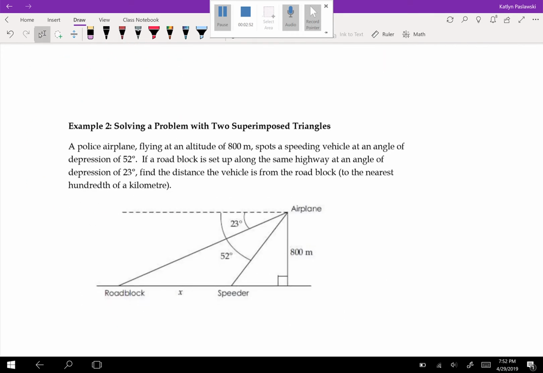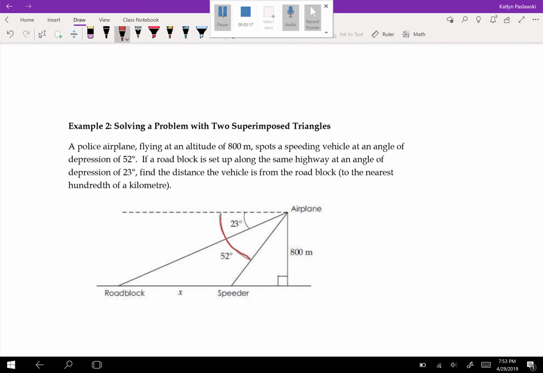Turn the page to example 2, solving a problem with 2 superimposed triangles. So here we have a police airplane flying at an altitude of 800 meters. This is our height. Spots a speeding vehicle at an angle of depression of 52 degrees. So this angle here is 52 degrees.